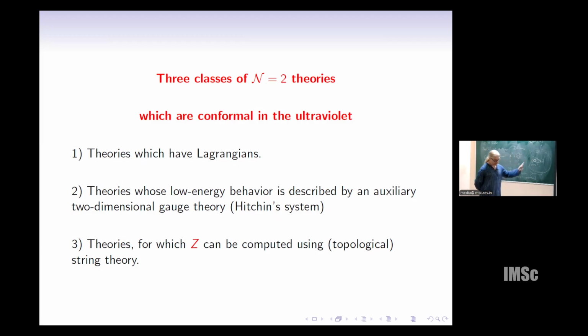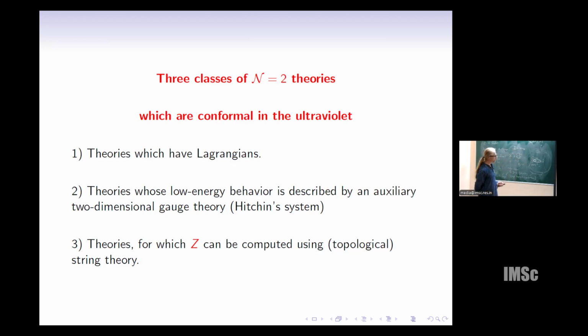And so these are three classes for which these partition functions can be studied, and the connection to two-dimensional CFTs can be explored and strengthened. There are theories which have Lagrangians, so they have classical limits.